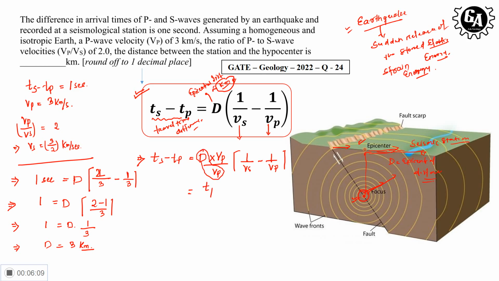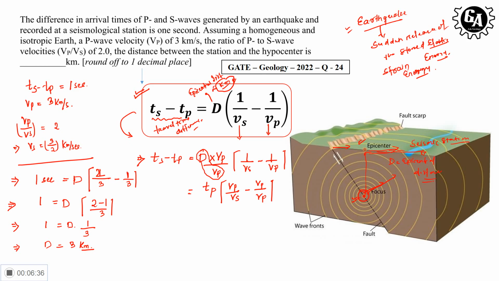This is the travel time of the p wave, the time taken by the p wave to reach the seismic station. Then I can take the vp inside. This is vp by vs minus vp by vp. We can extract this type of formula, which can be used directly.